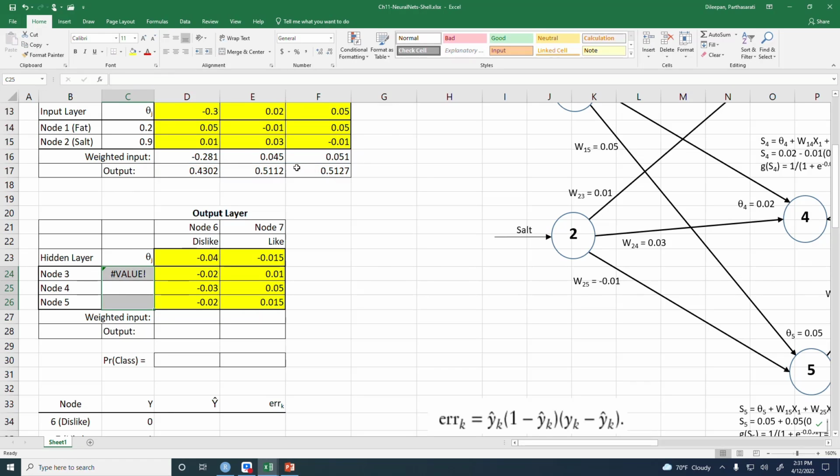Okay. I have to press Control Shift Enter to enter this as an array function. Control Shift Enter. Okay. So now we have the input set up.